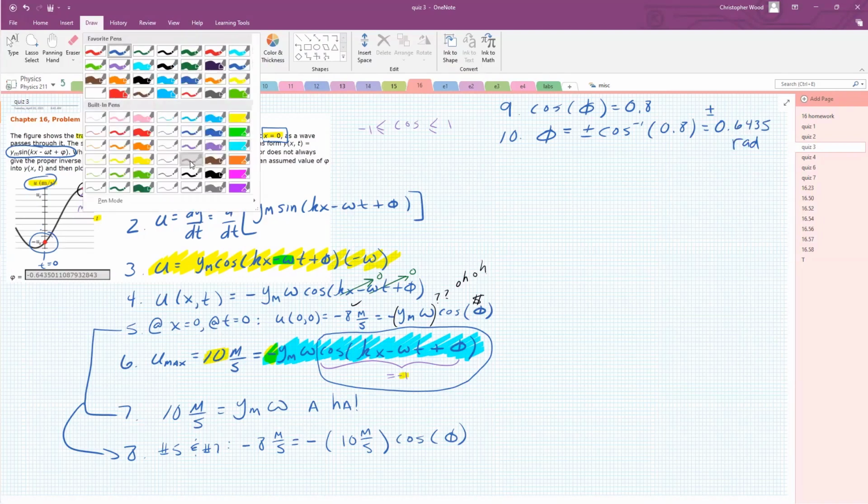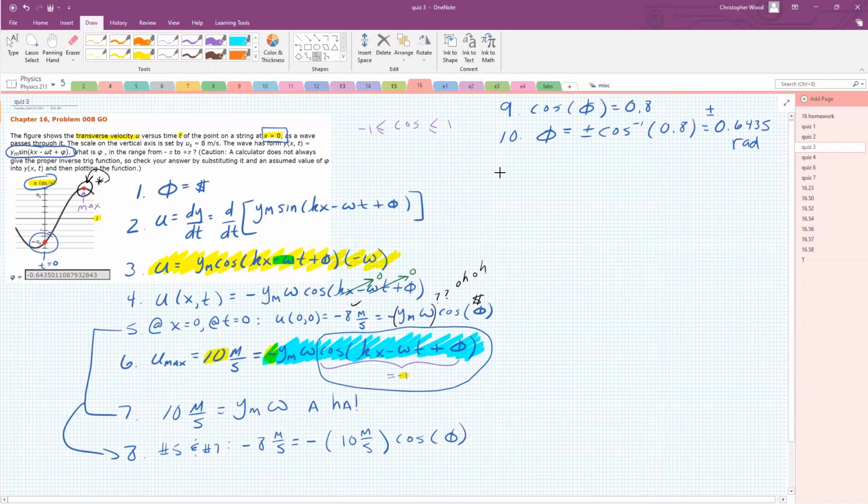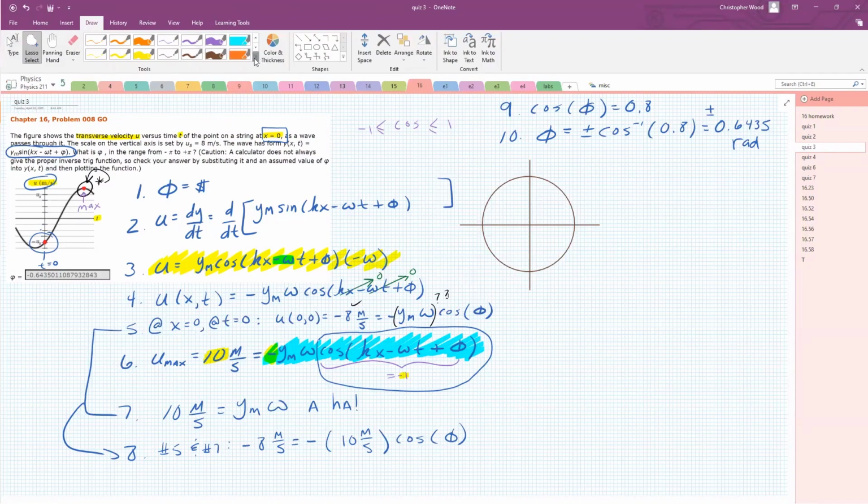And this is where we have to remember the unit circle. Here's the unit circle once again. Why do we have a plus or minus situation here? All right, if this is my unit circle, cosine, all right, so this is what I have. My result has to be 0.6435, which means there are two options.